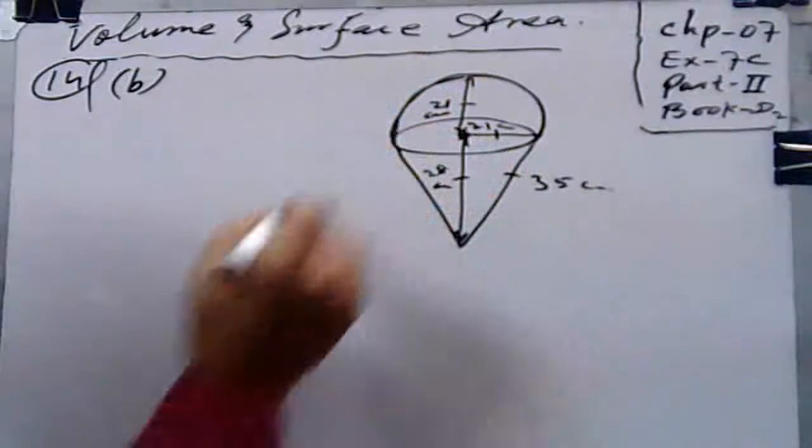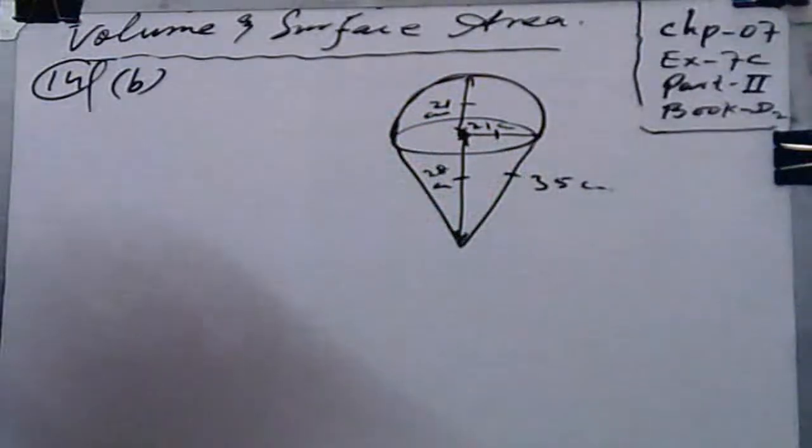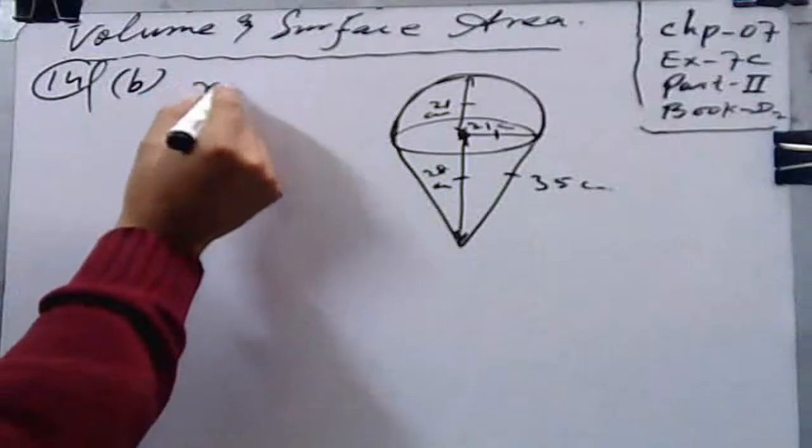That is, you can see in B, R is 21 centimeter. So first of all we have to find the volume of a hemisphere, so it will be better.